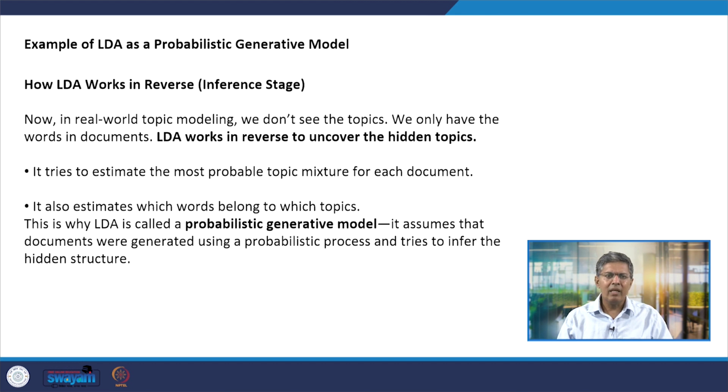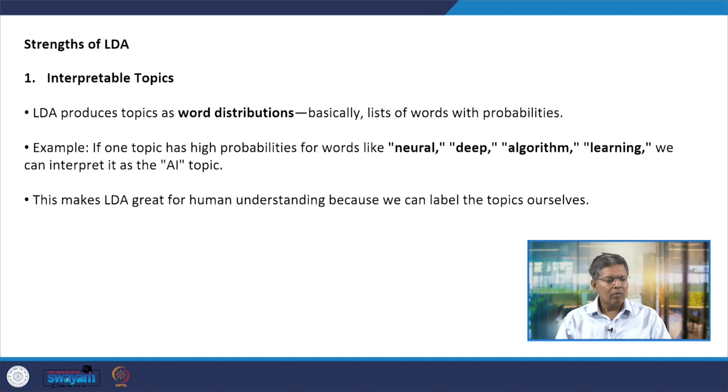That is why LDA is called a probabilistic generative model: it assumes the documents were generated using a probabilistic process and tries to infer the hidden structure. So, by using a probabilistic modeling process, it tries to infer the hidden or latent structure of a document. What are its strengths?